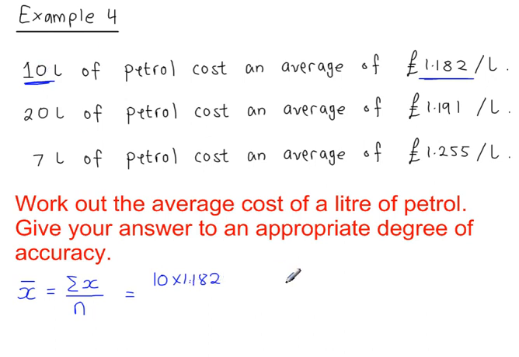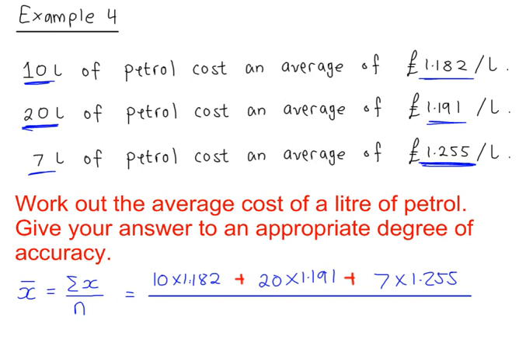And if I do the same with the second one, that's 20 litres times this, and then 7 times this. And add those together, and then divide by the total amount of petrol, the total number of litres, which was 10 plus 20 plus 7.